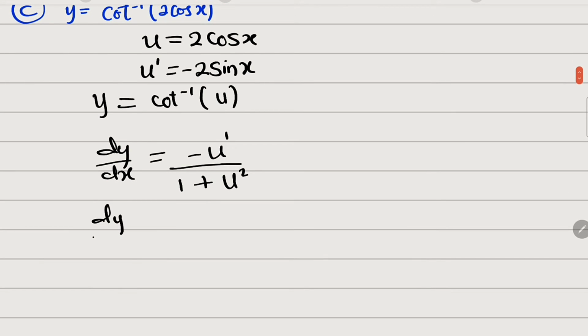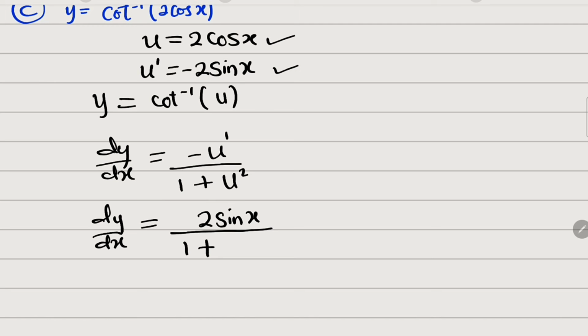dy over dx, we are going to substitute. Our u prime is negative 2 sine x, but because of this negative, it is going to become positive. So we have 2 sine x on the top, and on the bottom we have 1 plus u squared.